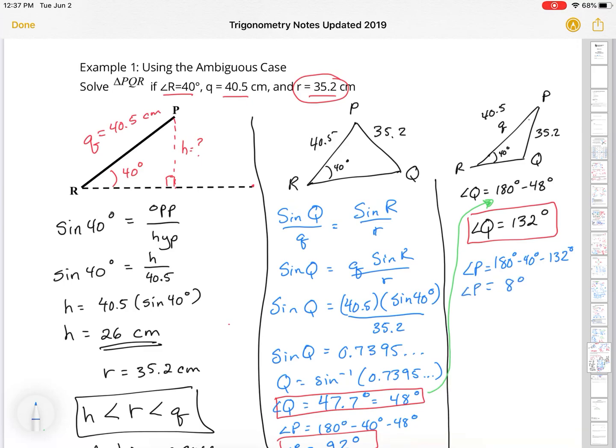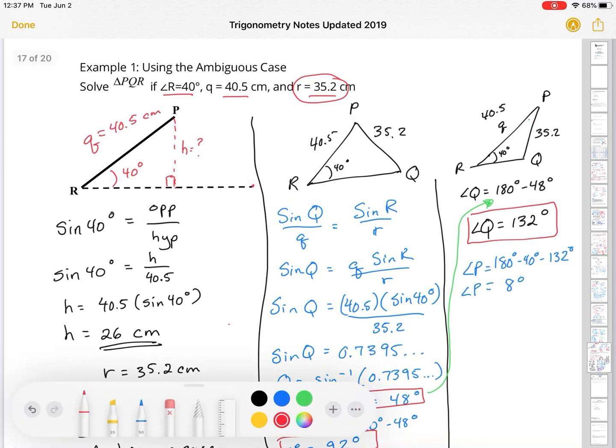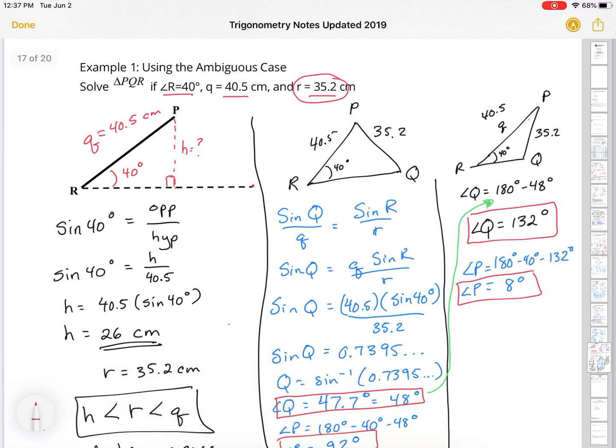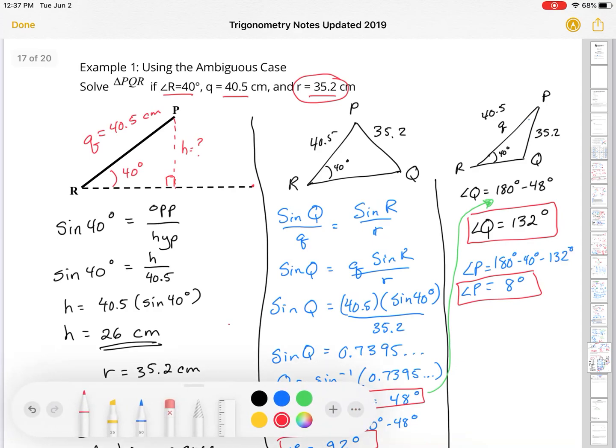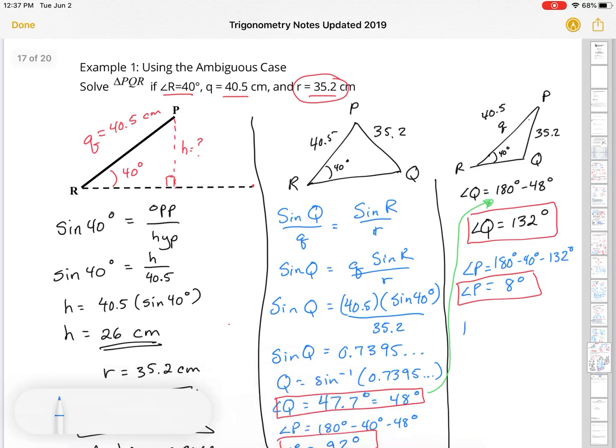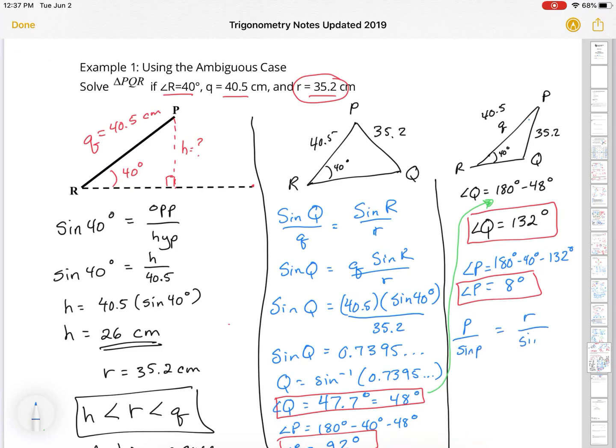So this is a very small angle, okay? And then we have to find our last side. So we're going to do p over sine P using our new angle, equal to r over sine R. And I use R in this case because those are from the given information.